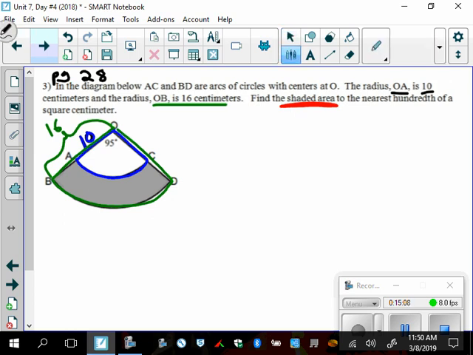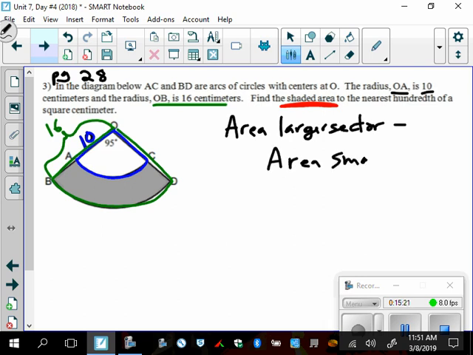So what I'm going to do is I'm going to start with the area of the larger sector. I'm going to subtract the area of the smaller sector. Okay, so I'm going to do this twice. Both of them have a central angle of 95.